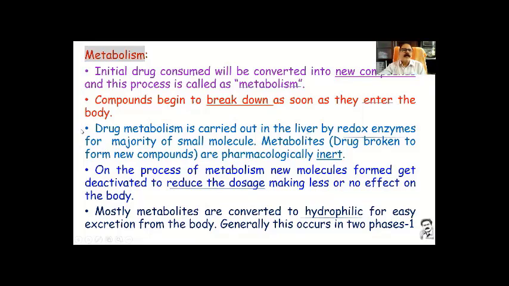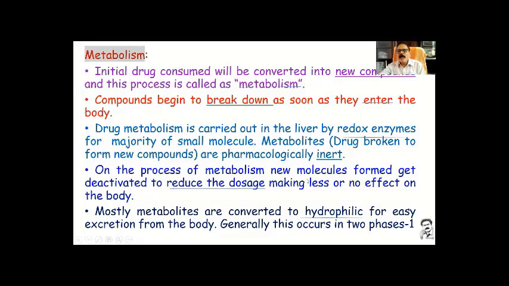in the liver. The majority of the small molecule metabolites that the drug is broken into are pharmacologically inert. Here, inertness means the pharmacological activity will be made inert and it will be thrown outside, because if the drug is active, it may destroy other parts.